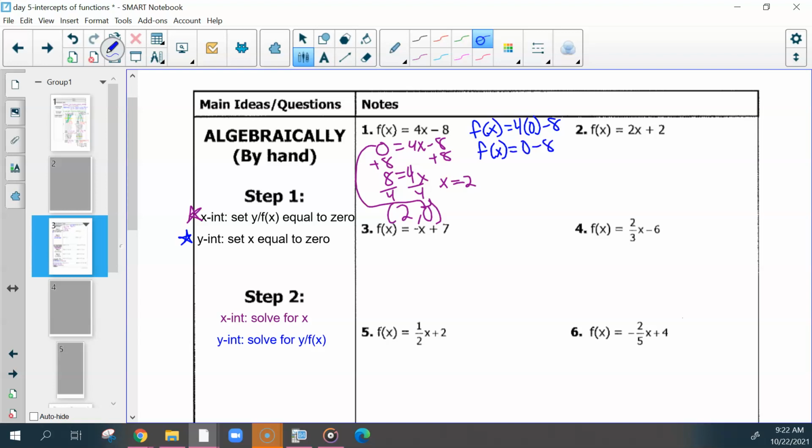And 0 minus 8 would just be negative 8. Remember that f of x is the same thing as y. So this is saying my y-intercept is at negative 8. So I could write my ordered pair 0, negative 8.